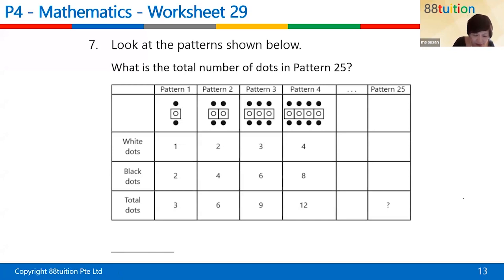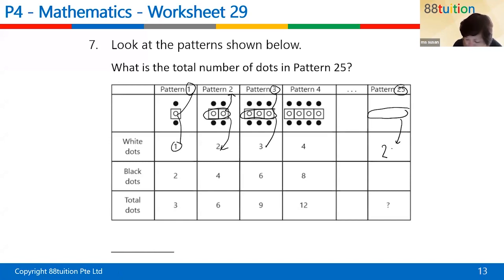You have 1 white dot for figure 1. Here you have 2, so your white dots will be 2. If this is 3, then pattern 3 has 3 white dots. So you have 25, so you must have how many white dots here?